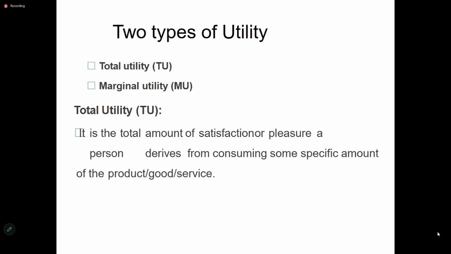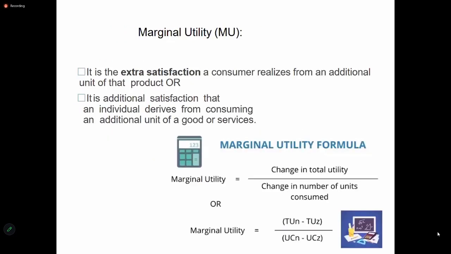When it comes to consumer theory, we are discussing them again. Total utility is the total amount of satisfaction, but marginal utility is the extra satisfaction that a consumer realizes from an additional unit.